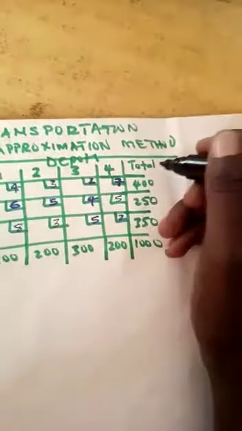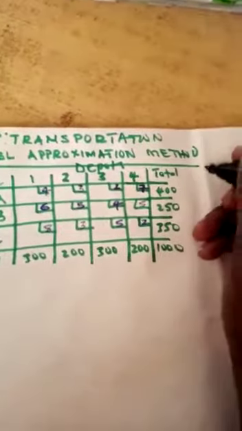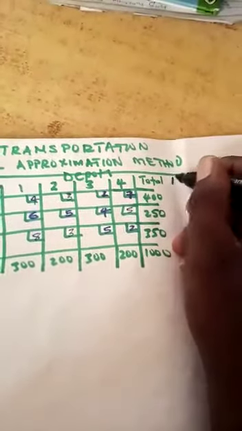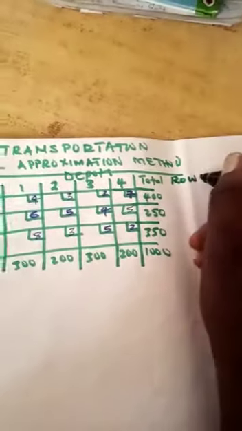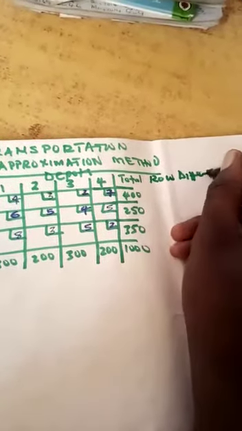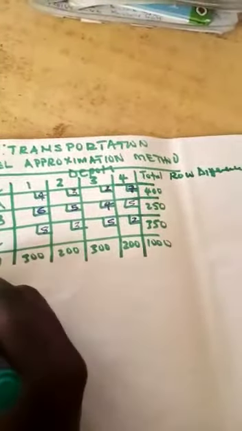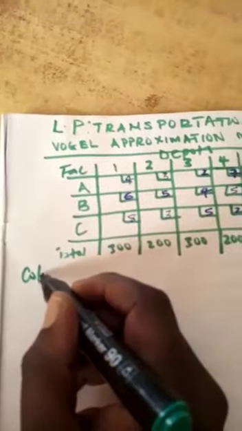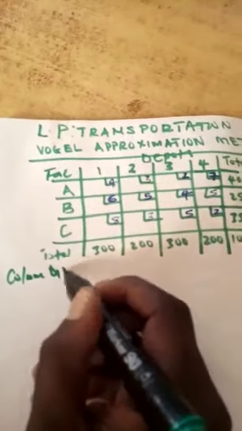The first thing you do if you're applying this method for this question, just put a column here, call it row difference on that side, and on this side you will put another one for column difference. This is row difference, and this will be column difference.